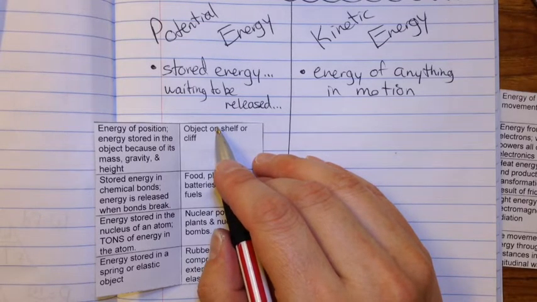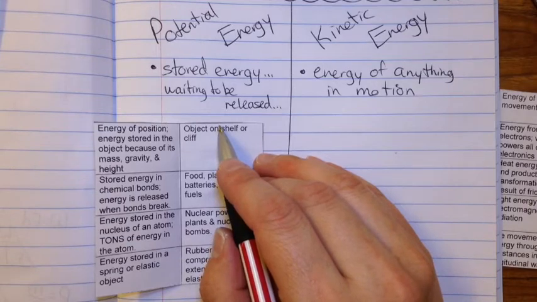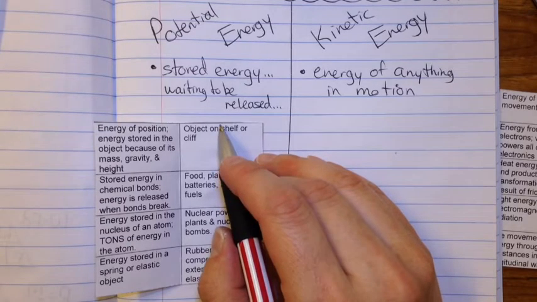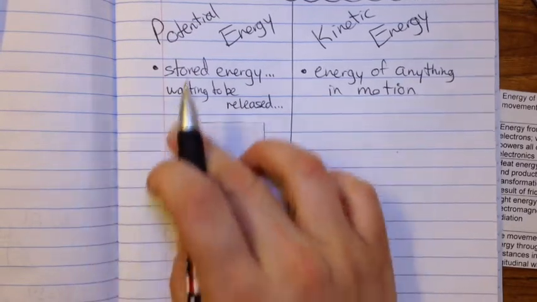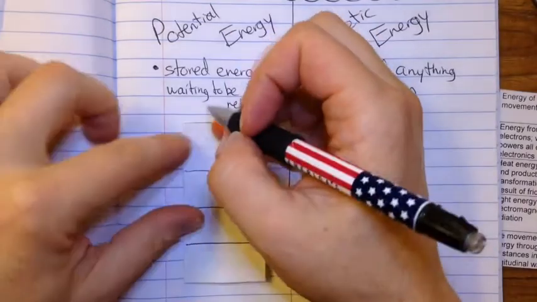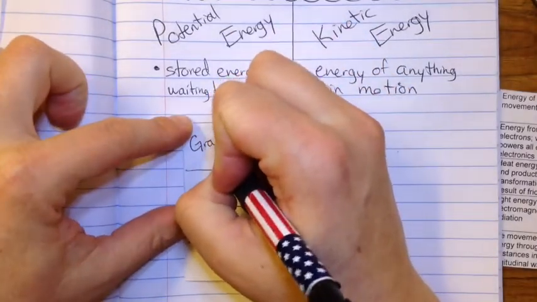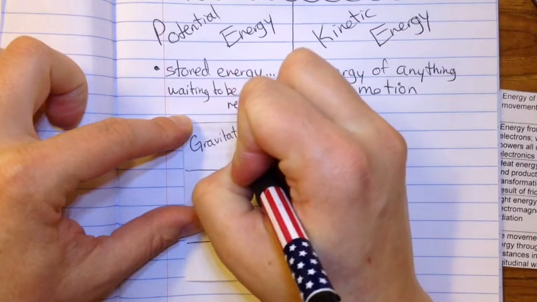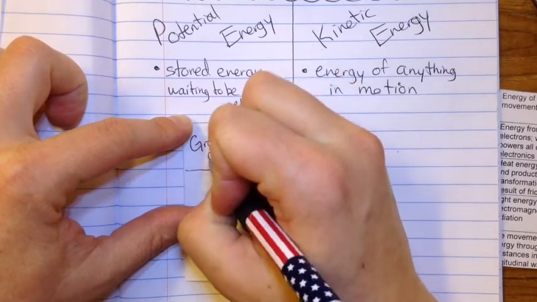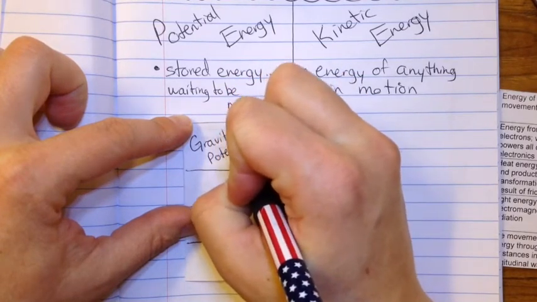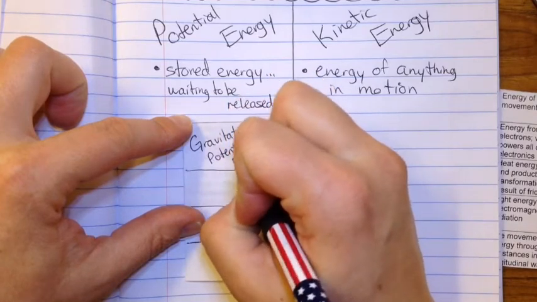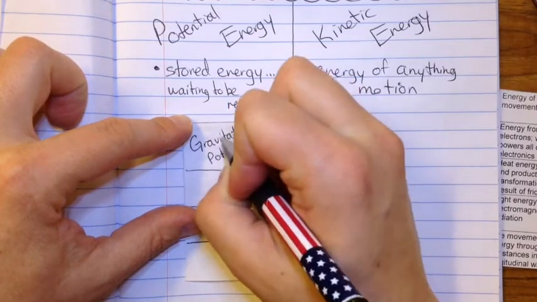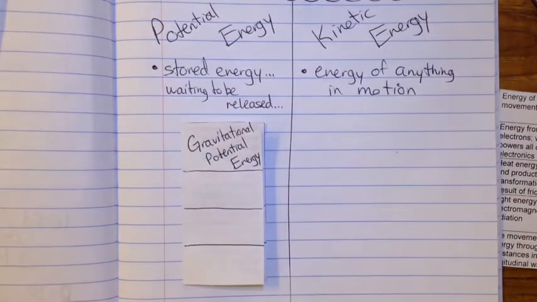Because it has the potential to squash you. That is what we call gravitational potential energy. That's the first one.